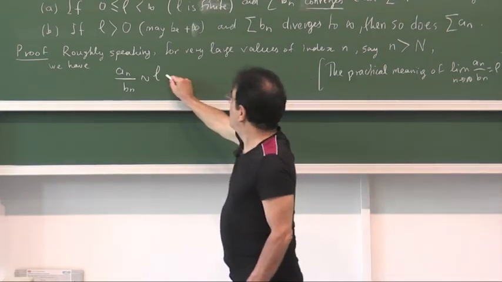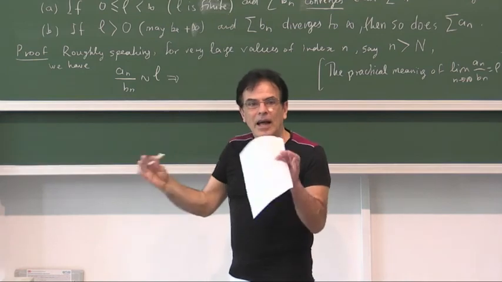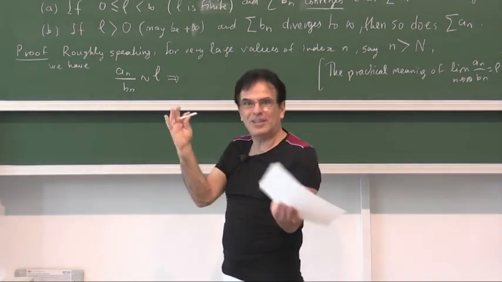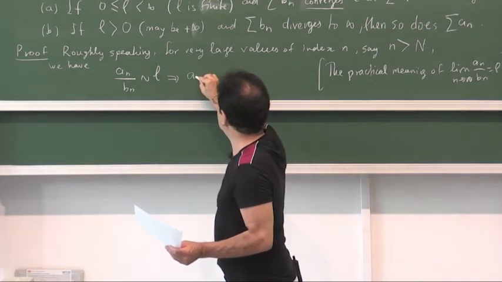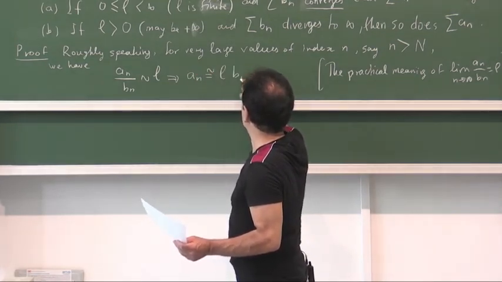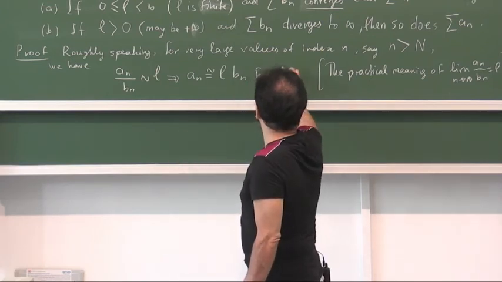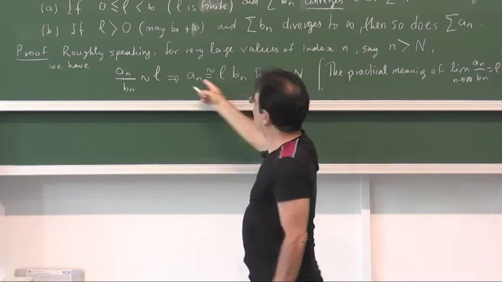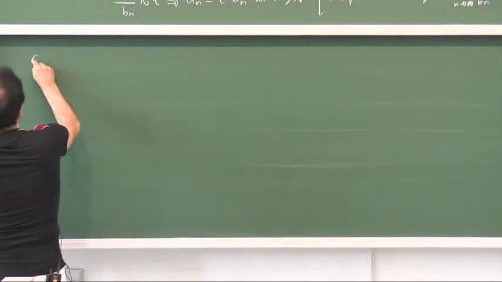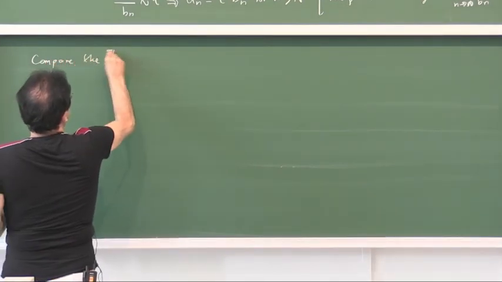So this tells us that the terms of the two series are proportional. So they are similar. That is, an is approximately L times bn, of course, for n larger than big N. But when you consider the series, look, now compare the tails.